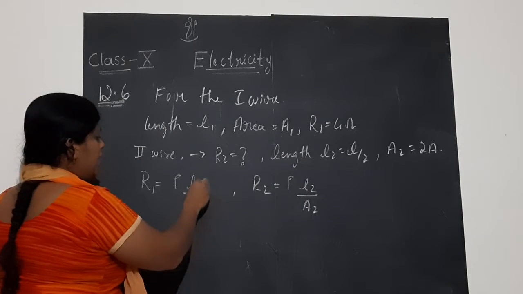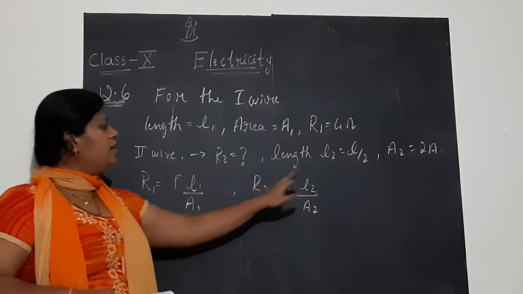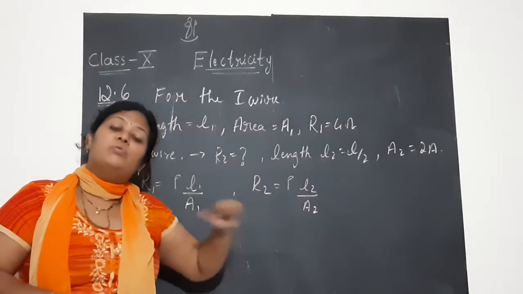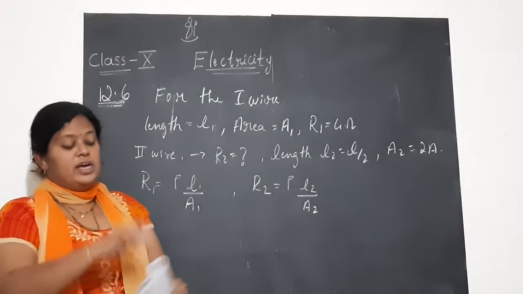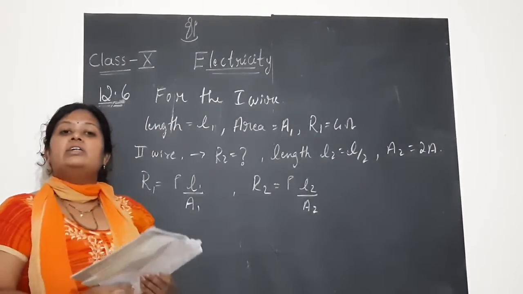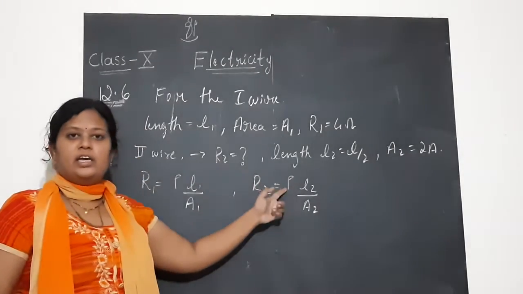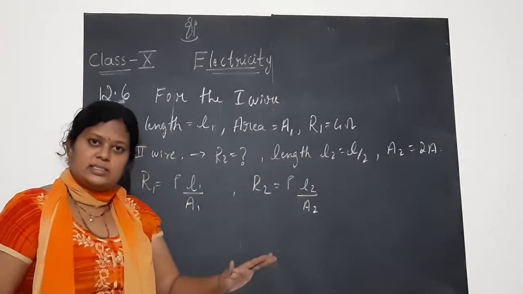Correct? Here R1, L1, A1; R2, L2, A2. I am not writing rho 1, rho 2. Why? Because rho is resistivity, you know. Here they have given both the wires are of the same material, means its resistivity will not vary. So please don't write rho 1, rho 2, rho as it is.